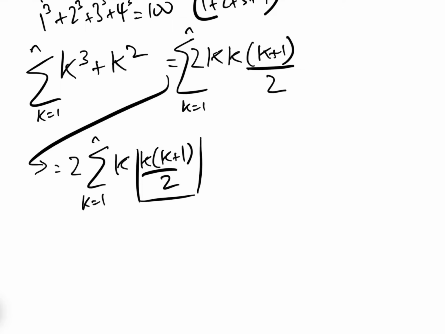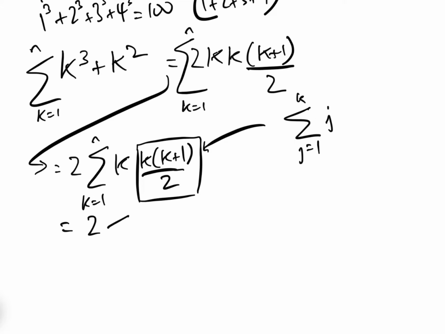Now, let's have a look at k plus 1 over 2. Well, we know from previous videos that that is the sum from, let's say, j equals 1 to k of j. The sum of the first natural numbers up to k is k plus 1 over 2.